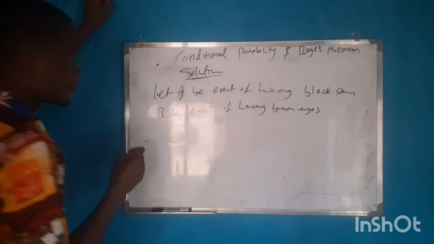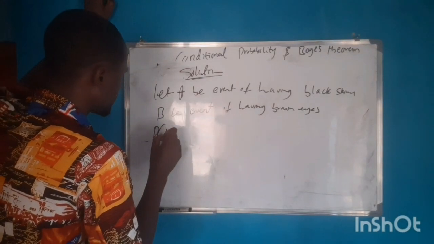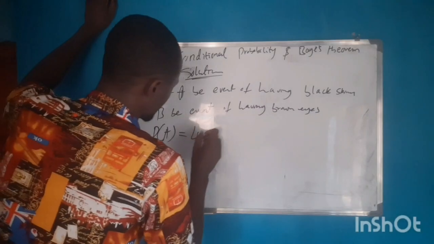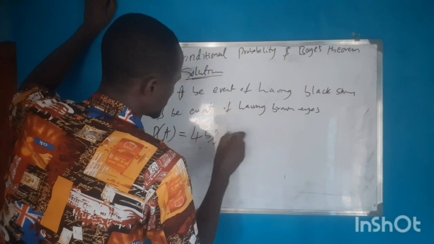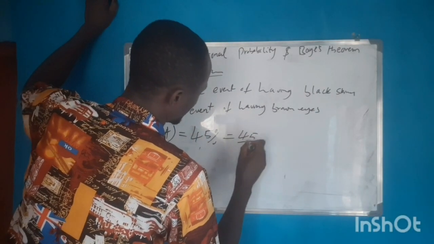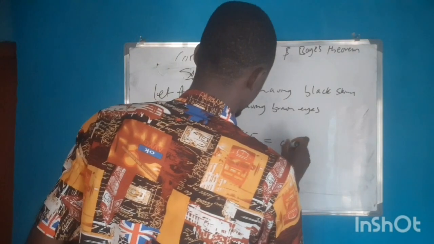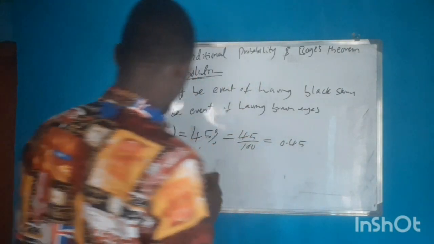So the probability of A is equal to 45%, which is 45 over 100, which is equal to 0.45.